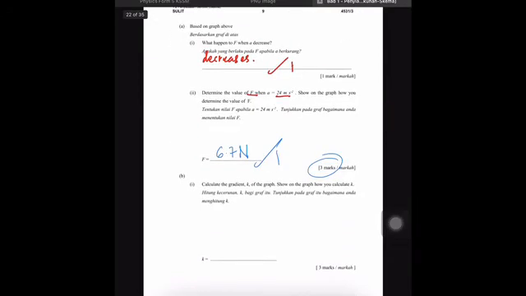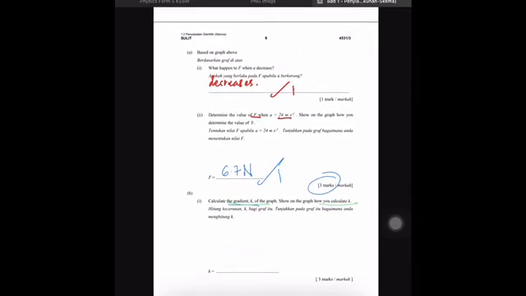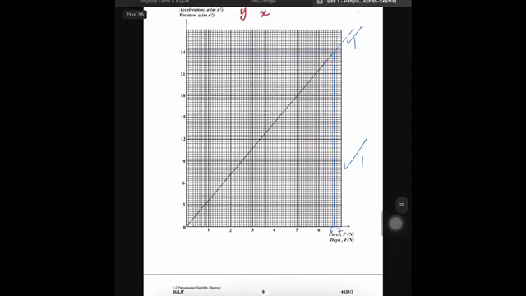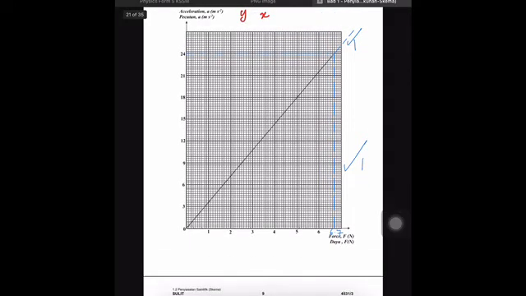Calculate the gradient of the graph. Show on the graph paper how you calculate your K. In order to get this, you must use something that you already have, right? So you can use your answer just now.